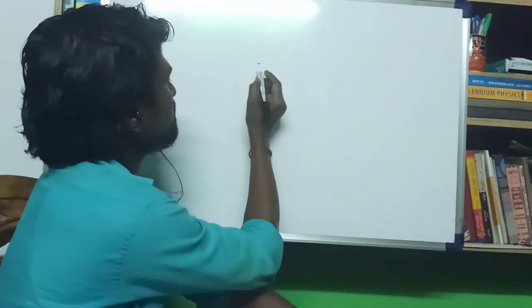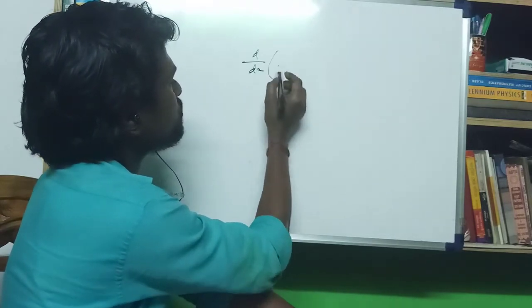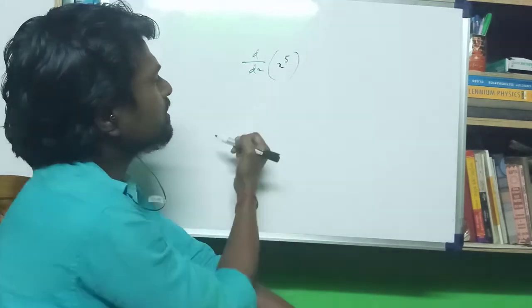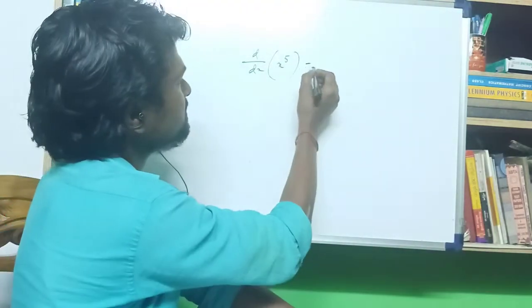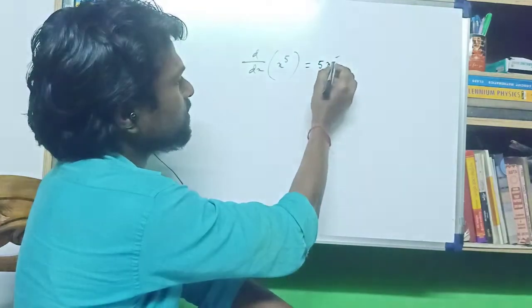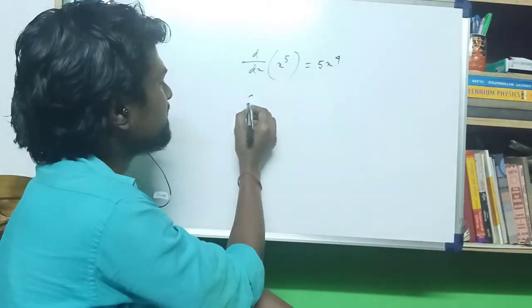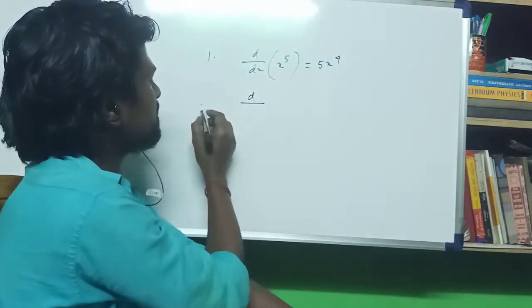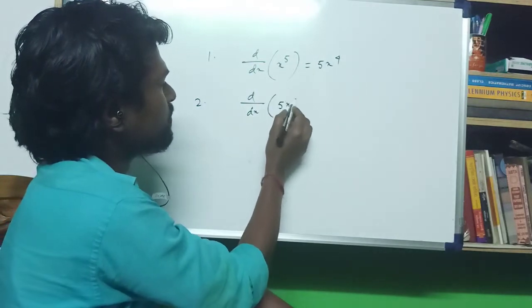Suppose d/dx of x to the power of 5, then you have to take the derivative, that is 5x to the power 4. And if I say take another derivative, the first result is this one and the second is d/dx of 5x to the power 4.